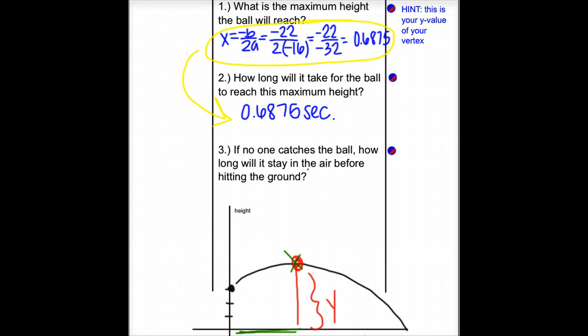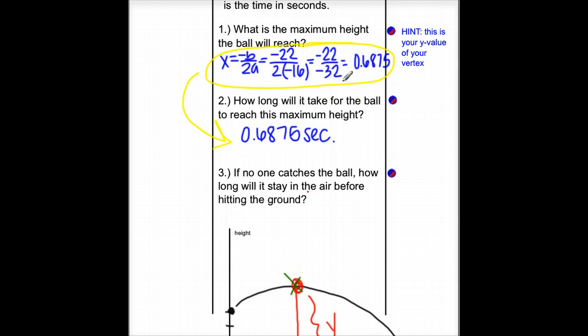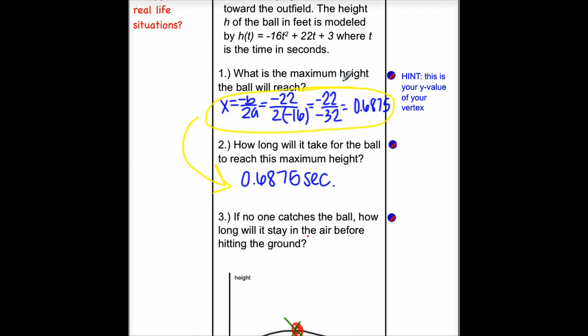The second part, then, we need to substitute into the equation our time for the maximum height. So we're going to take our 0.6875, so we got negative 16 times 0.6875 squared plus 22 times 0.6875 plus 3.